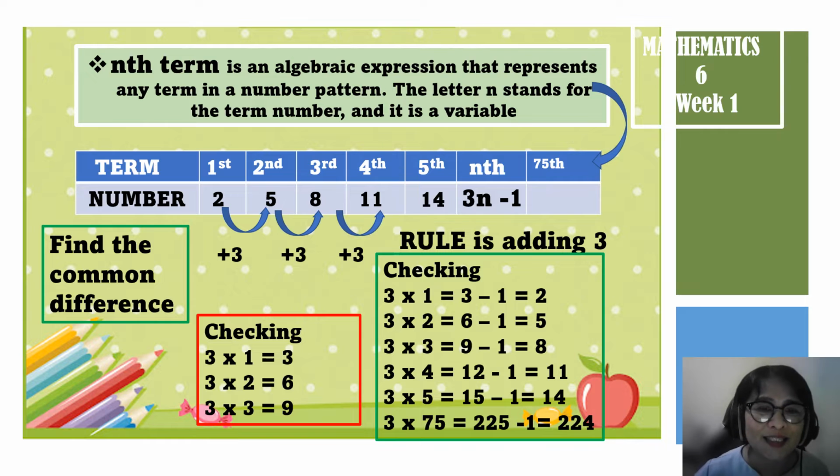Ngayon, pwede na nating hanapin na mabilisan ang pang 75 term gamit ang formula 3n minus 1. So, 3 times 75 is equals to 225 minus 1 is equals to 224. Kaya ang sagot natin sa pang 75 term ay 224.